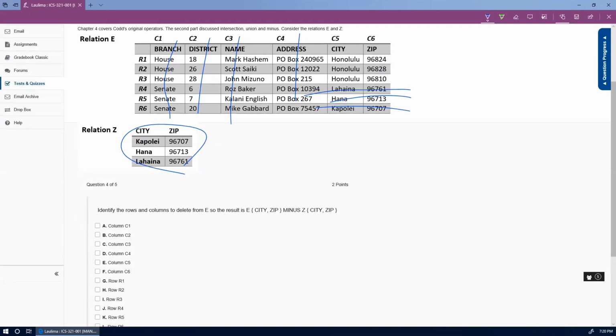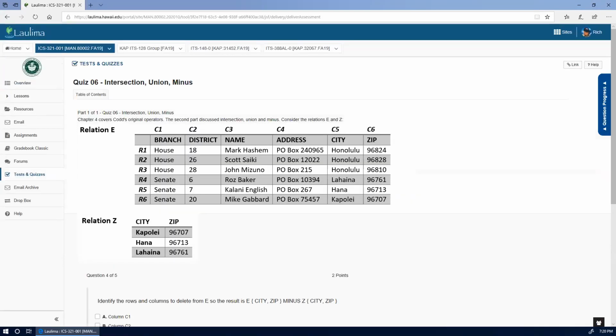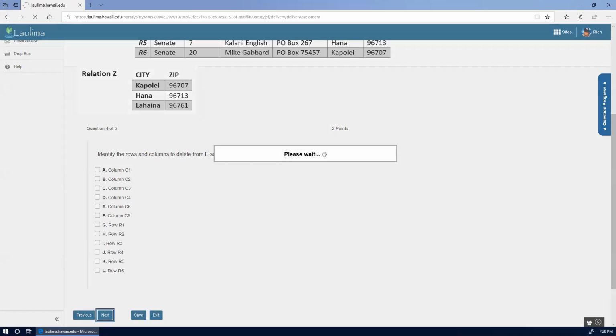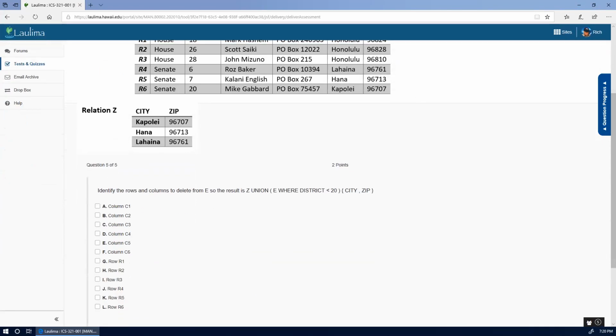And the last question is, question 5. Identify columns and rows. So Z union. So we're going to take Z and we're going to union. Oh, yes, okay.